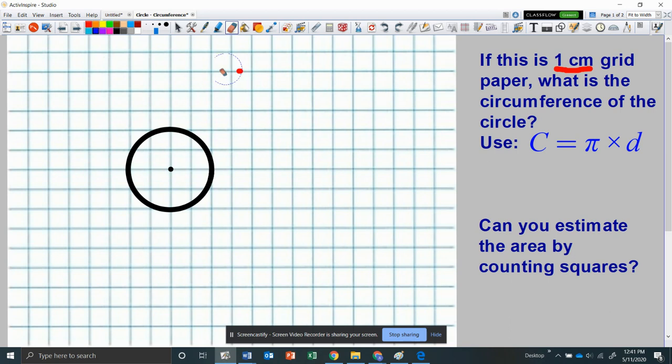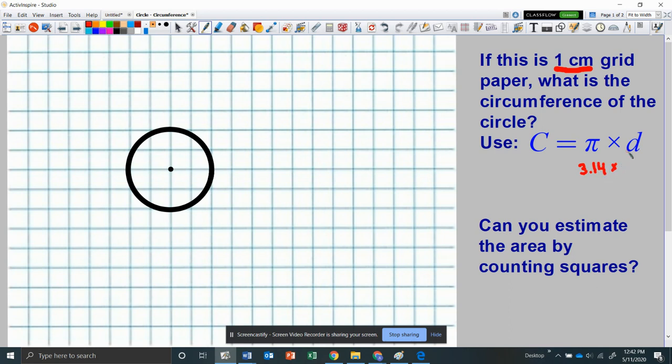Okay, so what would we have to know from this picture in order to get the circumference? Well, we know that pi is equal to about 3.14. That's what we use to estimate pi.